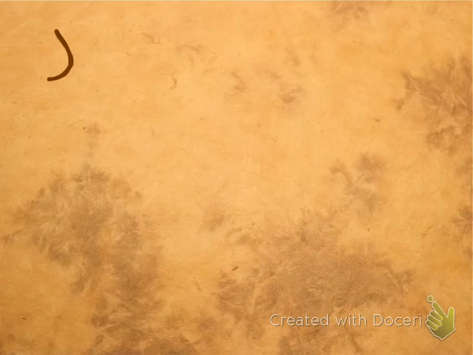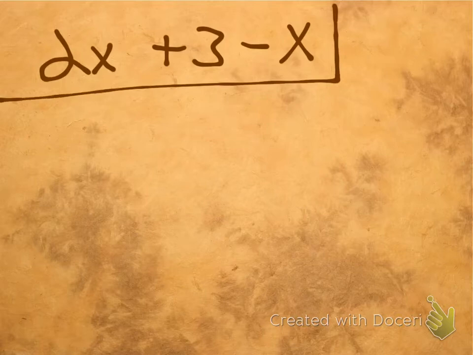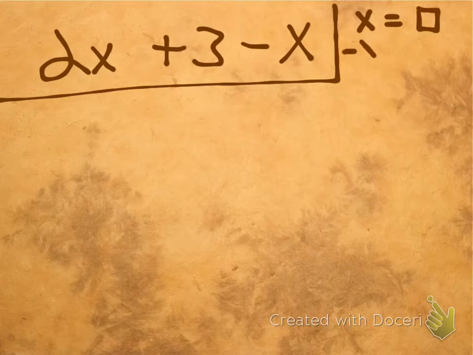So if we had 2x plus 3 minus x, we're going to use pictures to solve this. Now, the pictures we're going to use: for x's, we're going to draw a box. If it's a negative x, it's going to be a negative box.